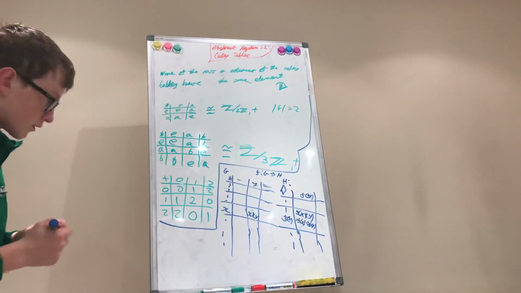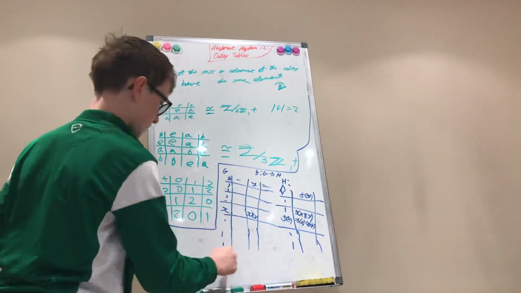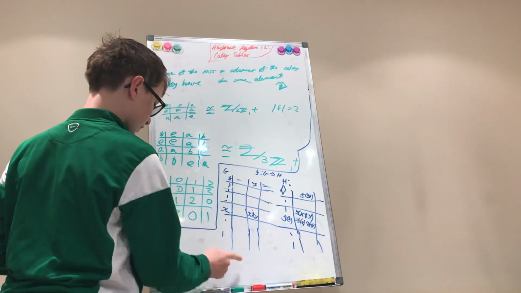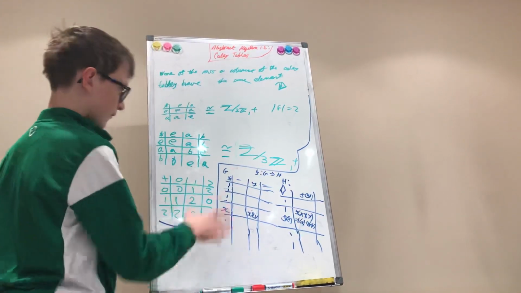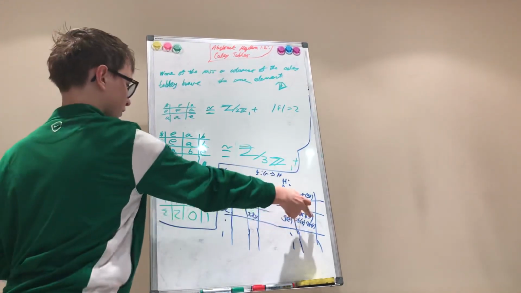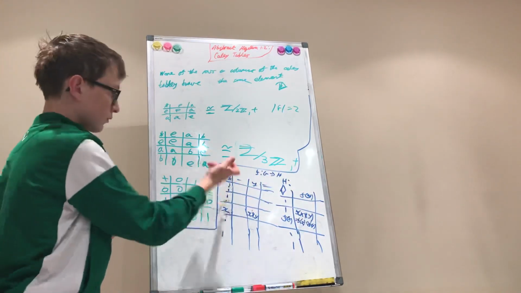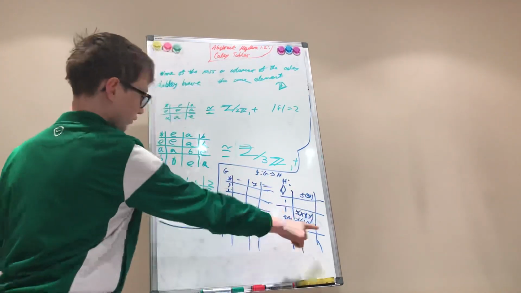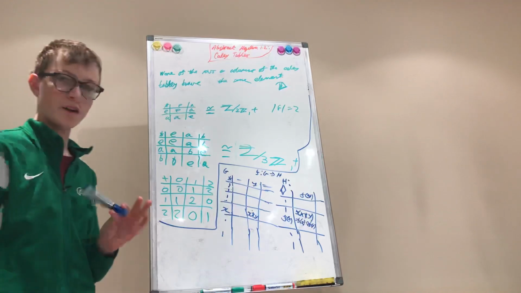And that's literally the definition of a homomorphism. It's just a function from G to H such that f of x asterisk y equals f of x diamond f of y.